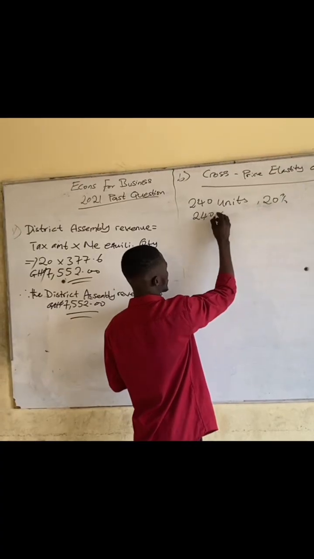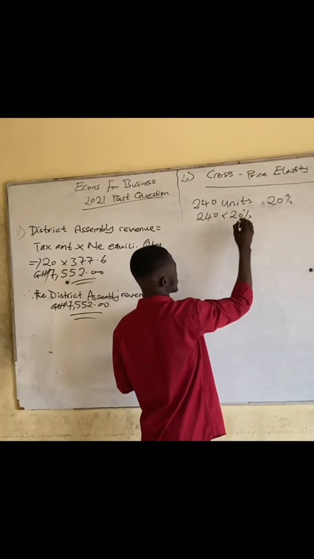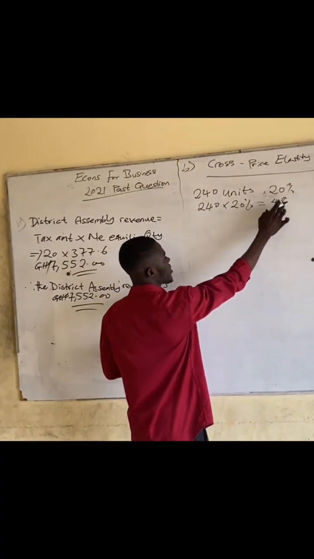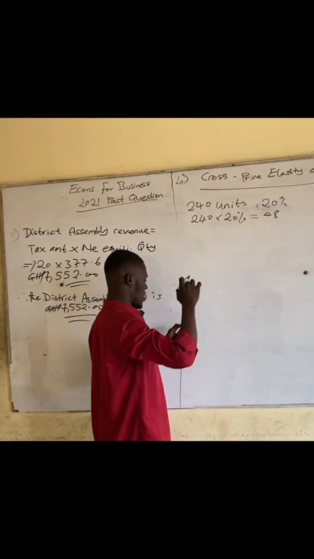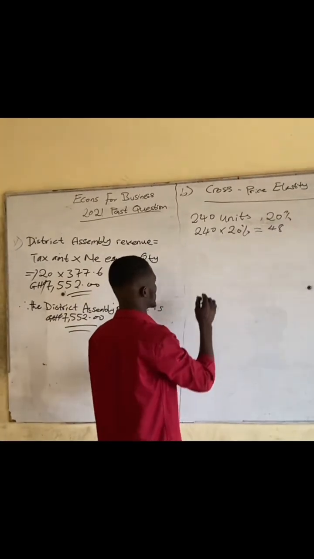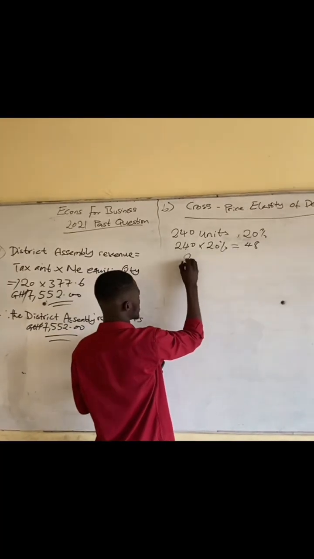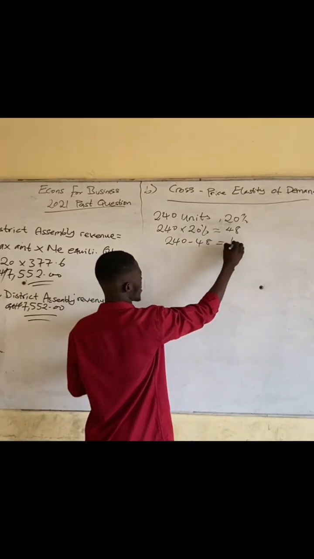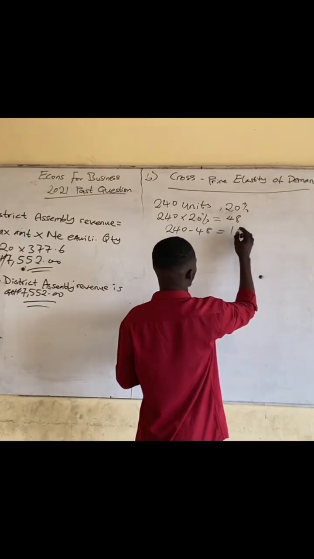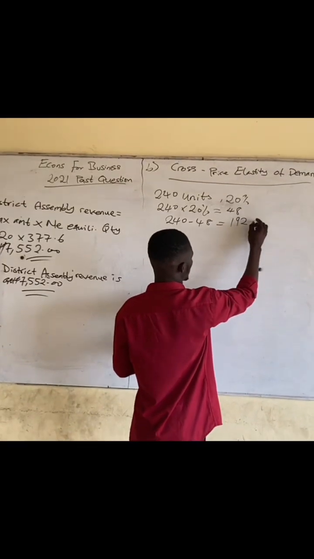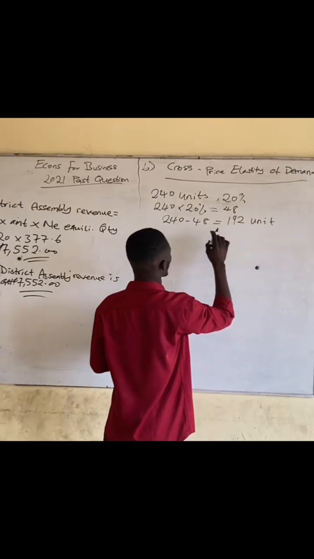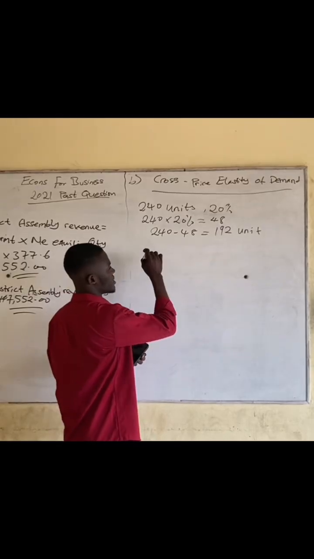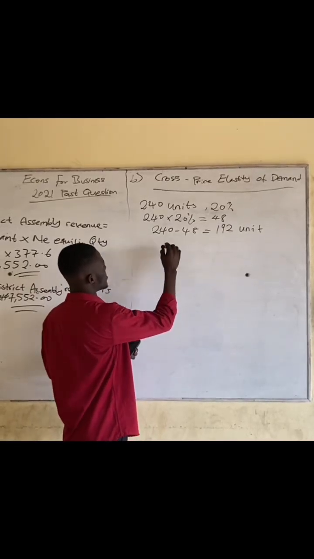Oh, sorry for that. 20% here we will get 48. Okay, so to know the quantity that was left, you deduct this from 240, you get 192 units. So now that we have the units, let's look at the change in quantity demanded.